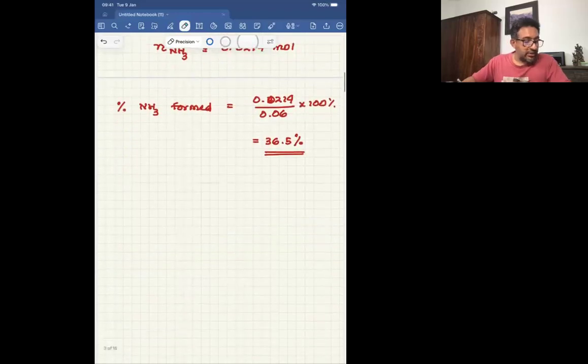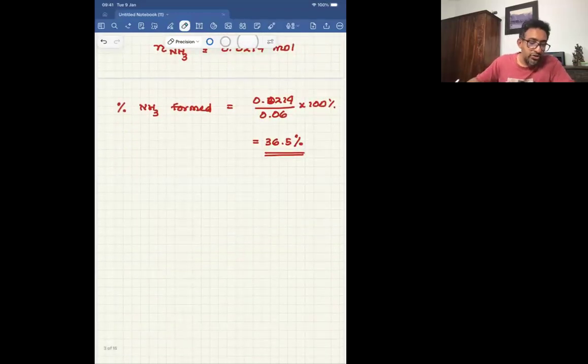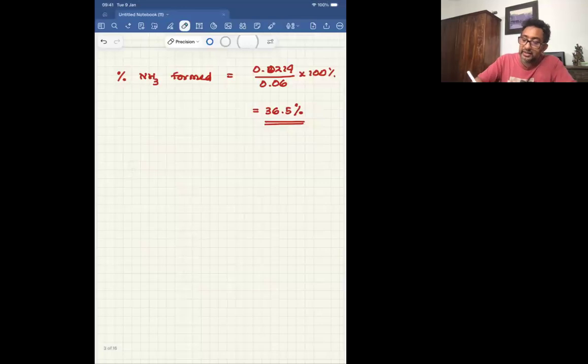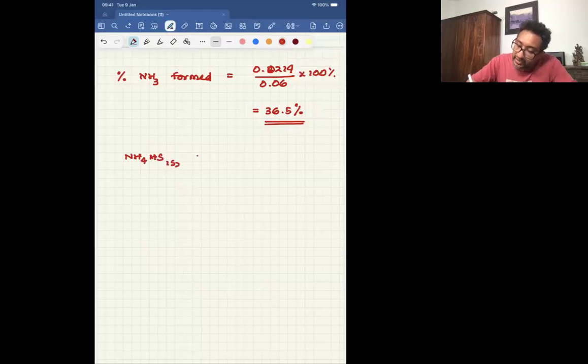Right, okay. Now the next one is how many extra moles of ammonia should be added to reduce the percentage of dissociation of the above equilibrium to 10%. Right. So let us say you are dissociating it to 10%. Ammonium bisulfide solid, at equilibrium, gives you ammonia gas and hydrogen sulfide. So let us say x moles of ammonia was added.